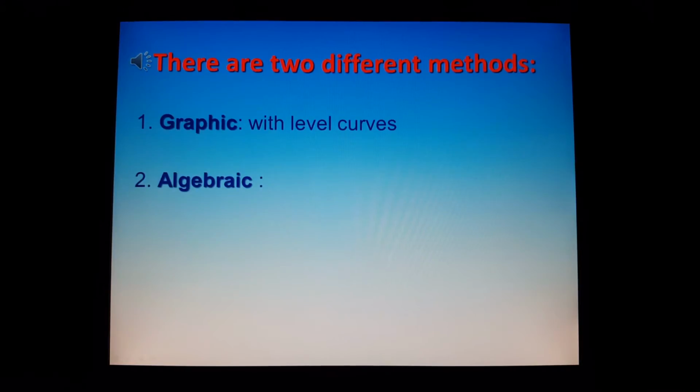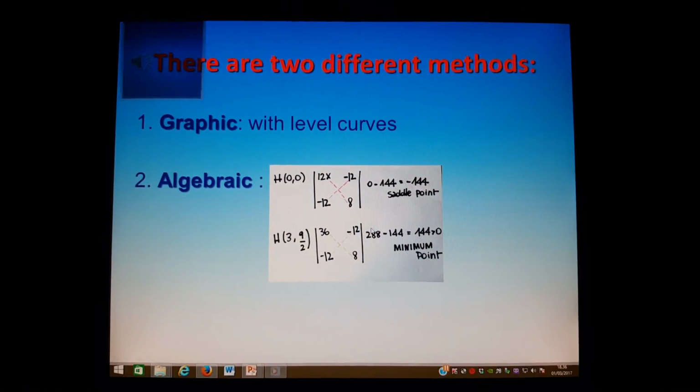There are two different methods. The first, graphic with level curves, and the second, algebraic. In this video, we show how to find minimum and maximum points of a function in two variables.